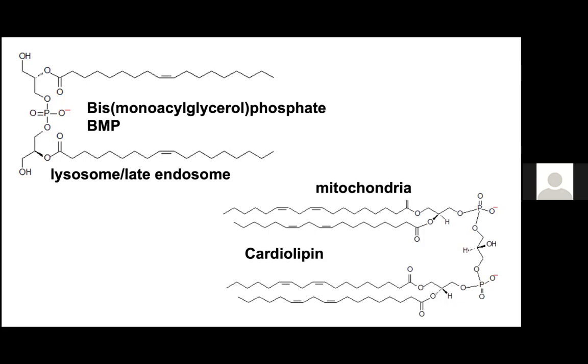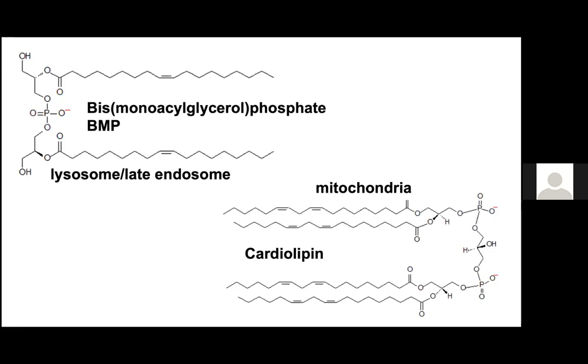Both BMP and cardiolipin have a glycerol in their structure and are grouped into glycerophospholipids. Although today I don't explain them deeply, BMP and cardiolipin are rich in lysosome, late endosome, and mitochondria, and have a specific function in these organelles, respectively.